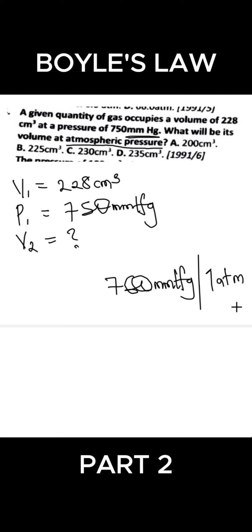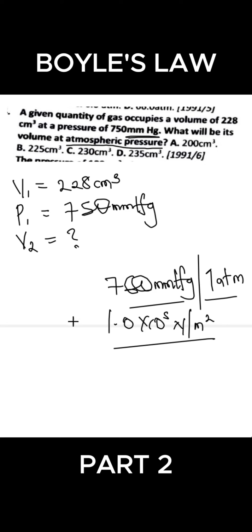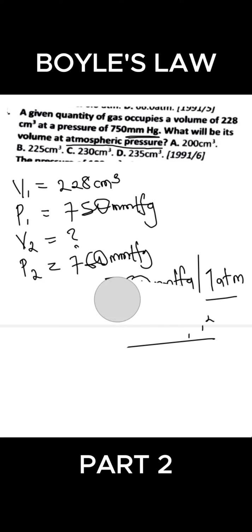If it's in Newton per square meter, it becomes 1.0 times 10 raised to the power 5 Newton per square meter. So these are all the values for standard pressure. So P2, which was not given to us, is 760 millimeter mercury. Take note of that.